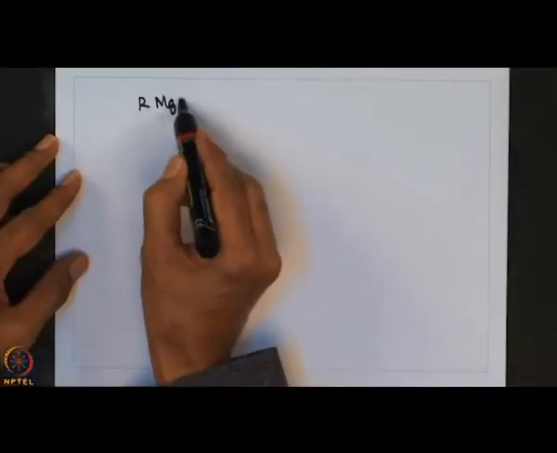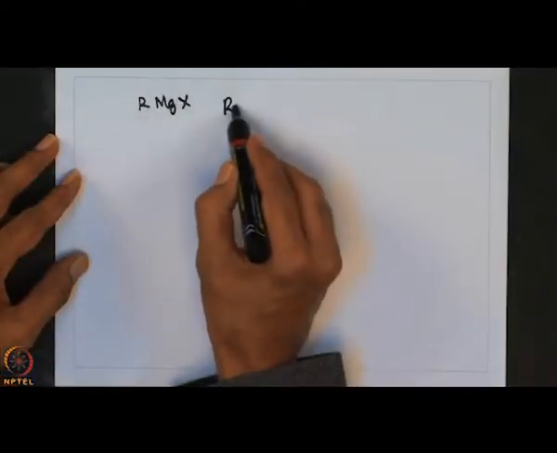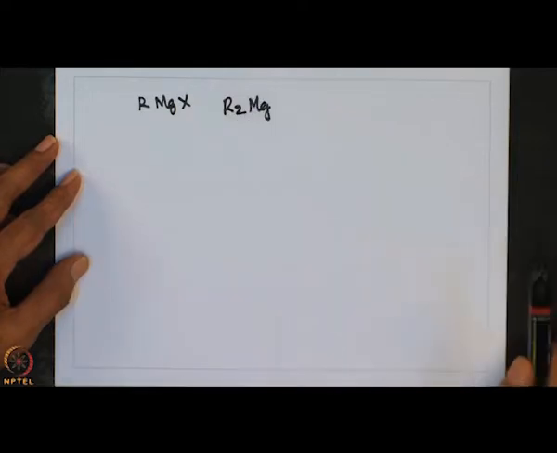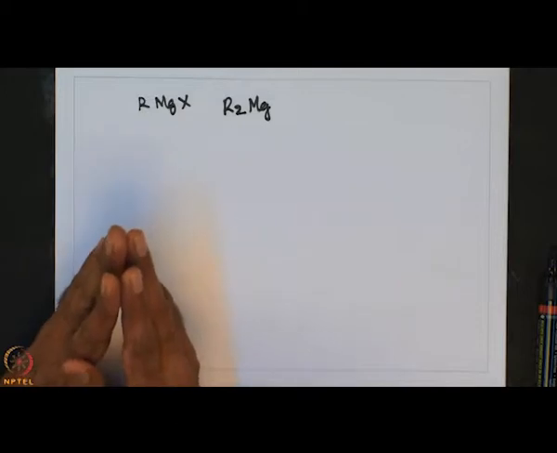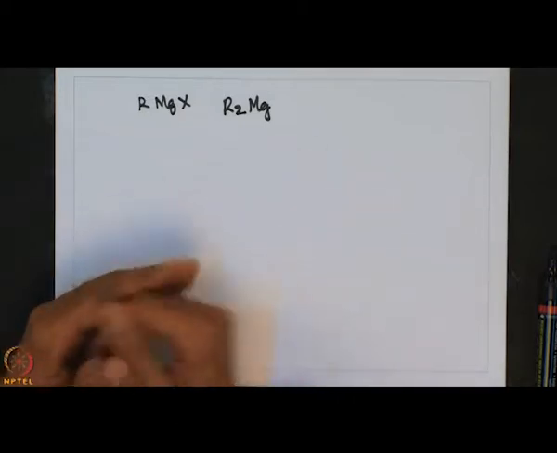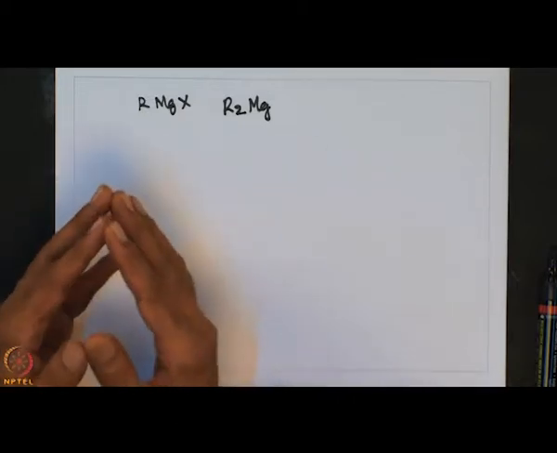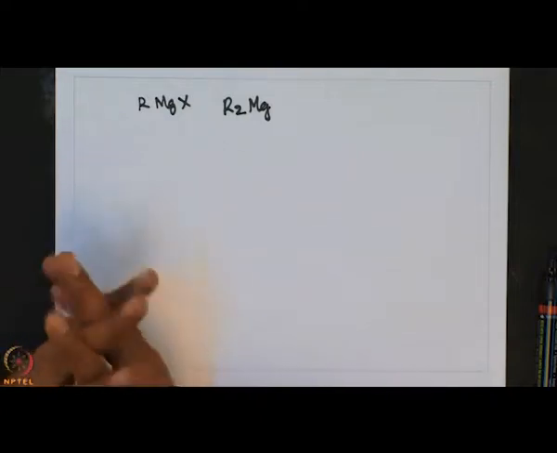Besides making RMgX, one can also make dialkyl magnesium compounds. They are also known, but they are less extensively applied in organic synthesis or carbon-carbon bond formation.